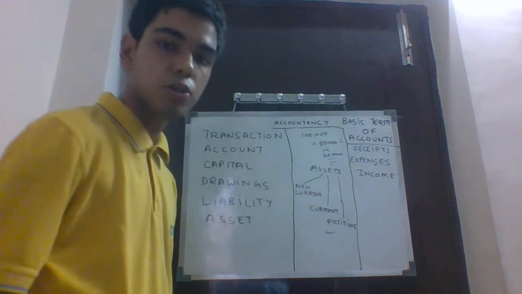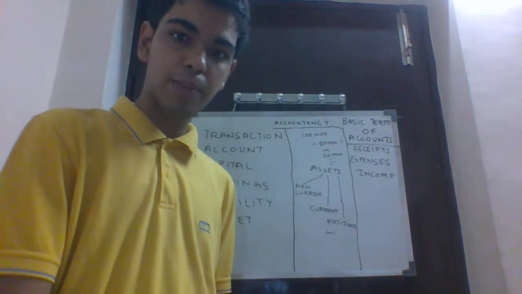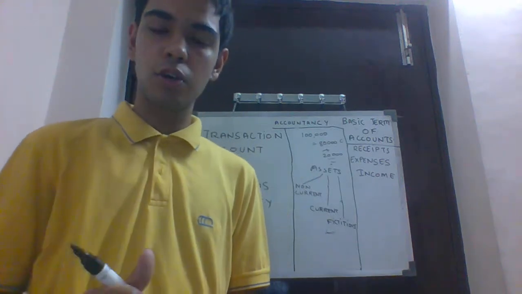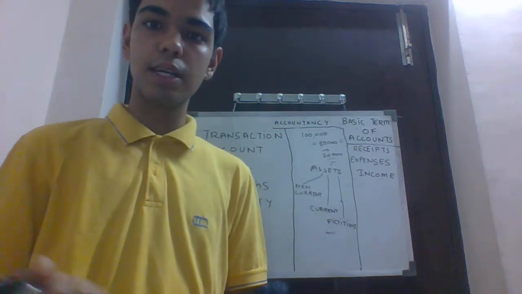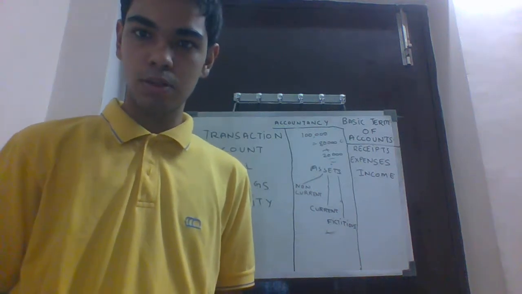Similarly, liability is also of two types, that is non-current liability and current liability. Non-current liability is the one which can be settled after 12 months.